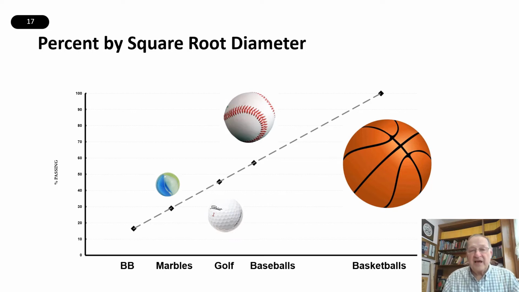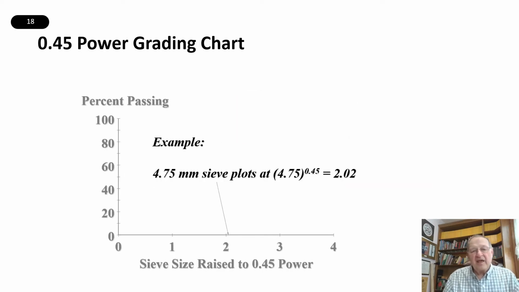So in hot mix asphalt in North America, this is not true in Europe, they use a logarithmic chart, but in North America, we always plot gradations on a 45 power chart. So what happens is, if you look at a gradation chart, you never see a scale that says 0, 1, 2, 3, 4.